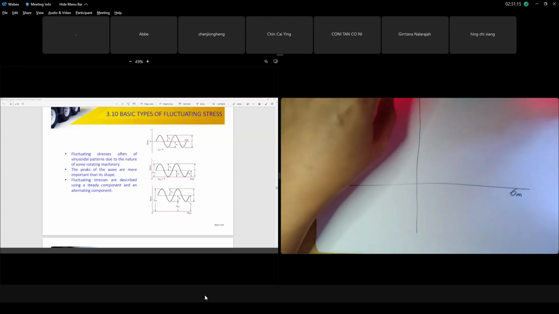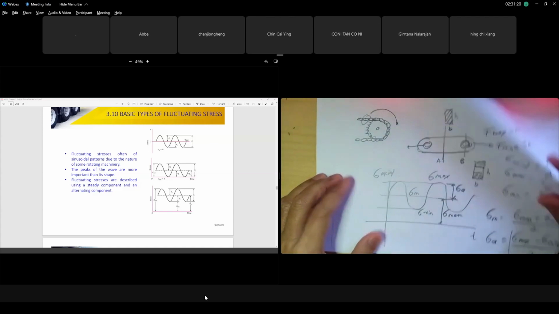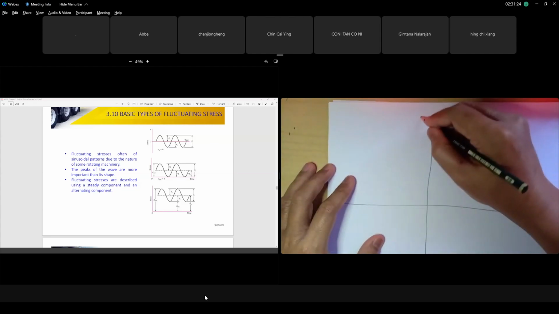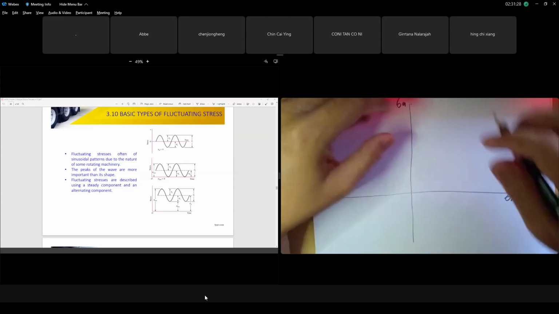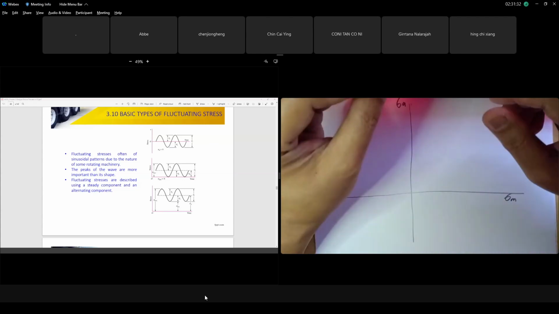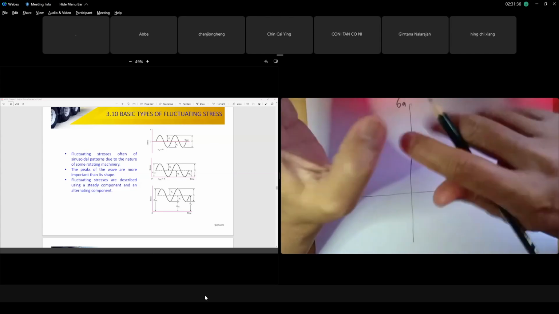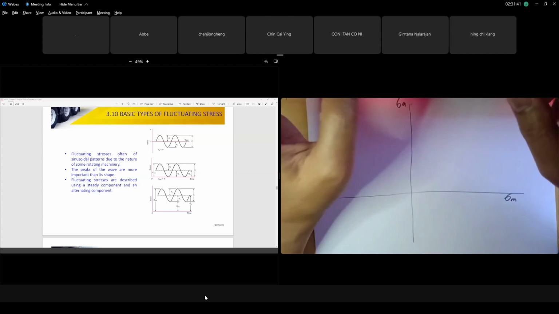You know what mean is? The mean, the middle, average. Your x is your sigma mean. Your y is sigma amplitude. Remember, in our case we are not using plain sigma. Actually we use sigma E, but this is a plot. I mean sigma here is the equivalent. Remember, when you have biaxial, tau, sigma x squared plus tau xy squared, square root, gives sigma equivalent. So we have to find sigma equivalent amplitude and sigma equivalent mean. Okay?